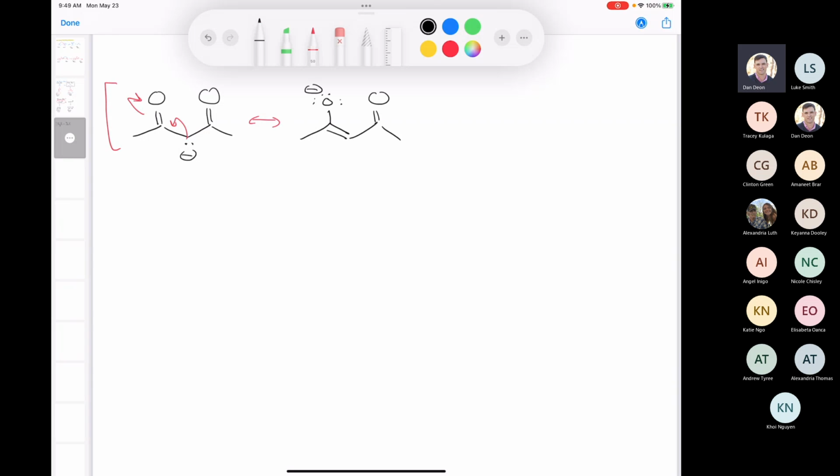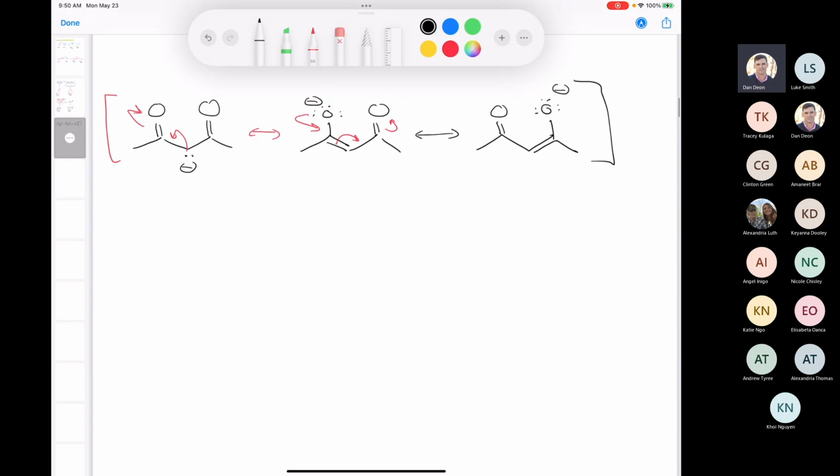But you can also draw another resonance structure where you put the negative charge on this oxygen. And so we have a total of 3 resonance structures that we can draw for this compound.